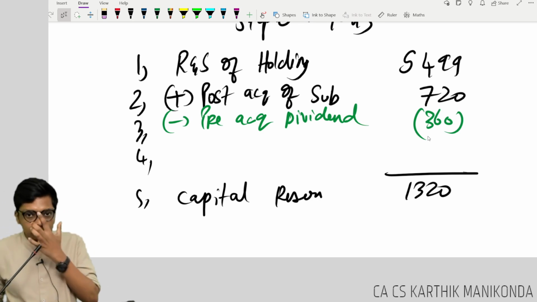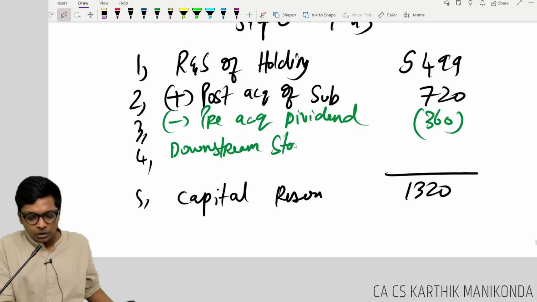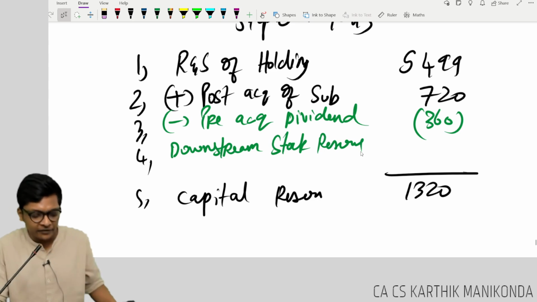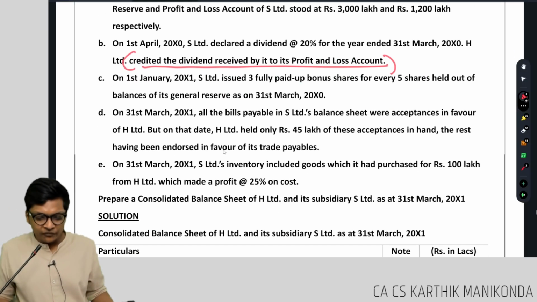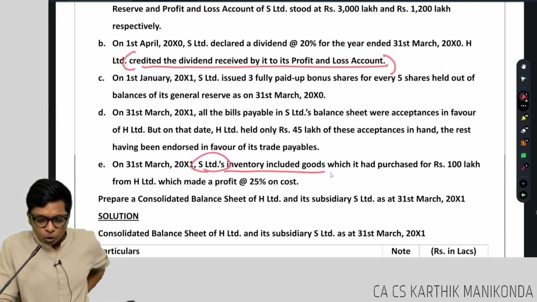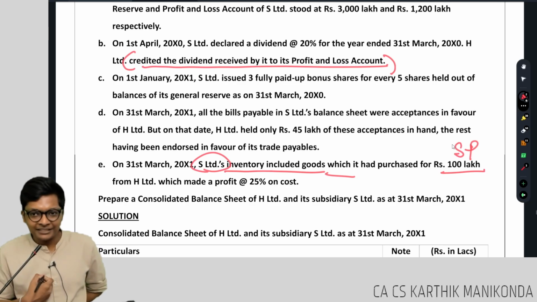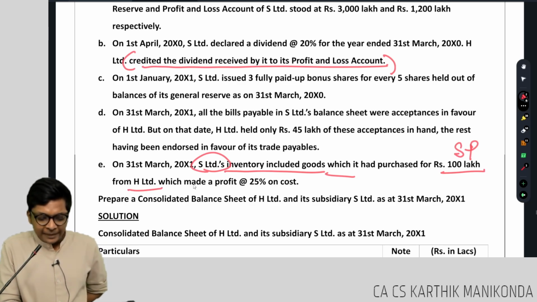Next will be downstream stock reserve, which holding earned profit. How much is that? You compute from 5th one. S Limited's inventory included goods which it has purchased for 100. So 100 is the selling price which I purchased, for which H made a profit of 25% on cost.